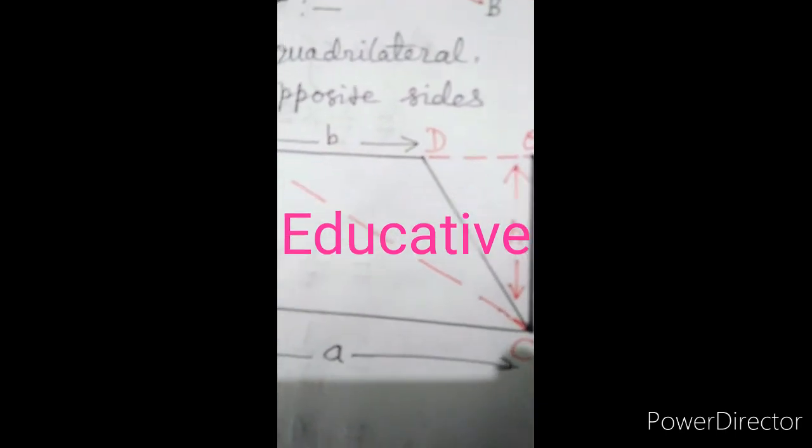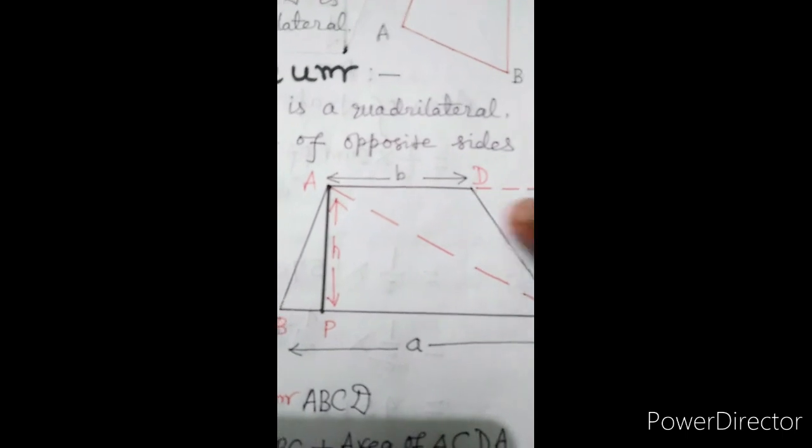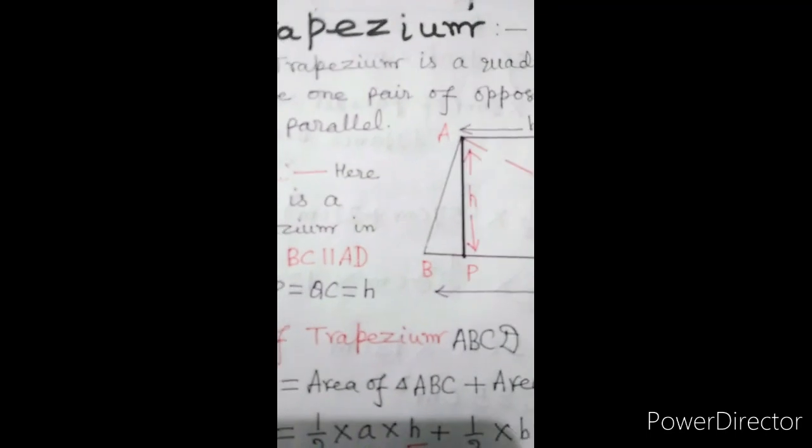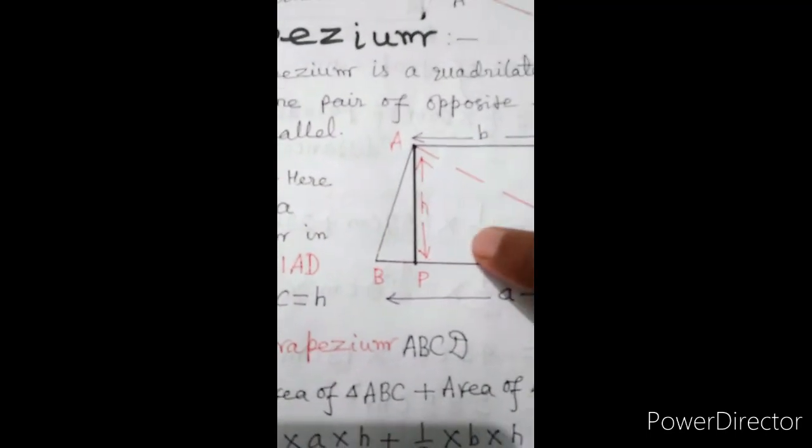It is height of both triangles, as H is equal to H, AP is equal to QC. Height is same. We have here two triangles. We calculate area of both triangles, which will give us area of the given trapezium.